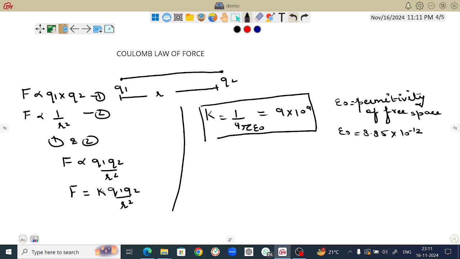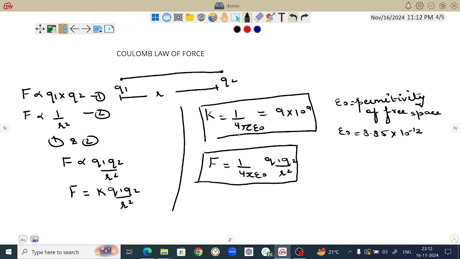When we put the value of K, the force of attraction or repulsion between the two charges equals 1 upon 4 pi epsilon naught times Q1 Q2 upon r squared. And this is called Coulomb's law of force.